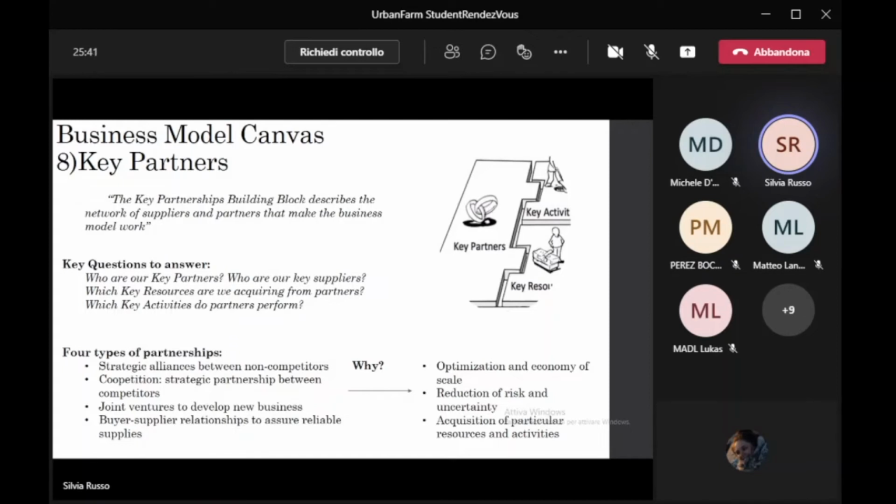The reason why the company creates this partnership may be different. For example, because it wants to reduce the risk connected with its business, or because it wants to acquire specific resources.